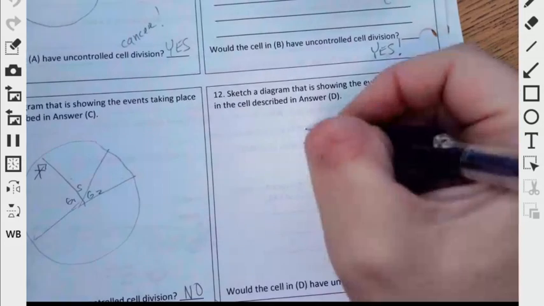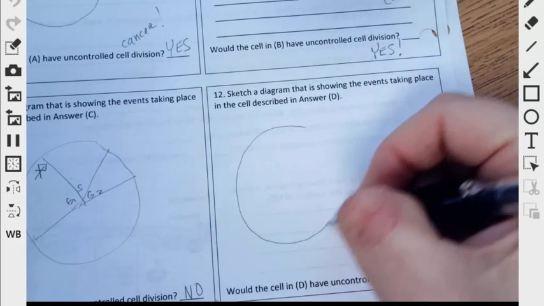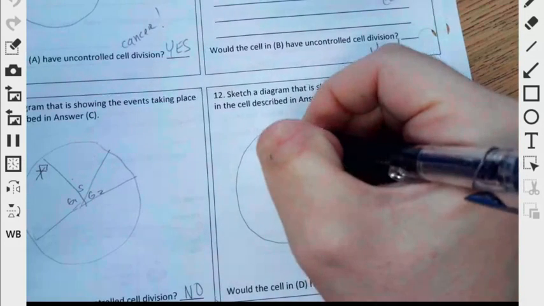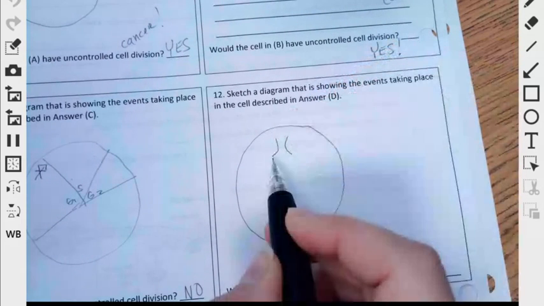But let's just read D to make sure we understand this one. It says at the anaphase checkpoint, separation of chromatids occurs without all centromeres being attached to kinetochore microtubules from both poles. Oh, that's a lot, okay? So let's practice with some vocabulary. It says that the sister chromatids are being separated.